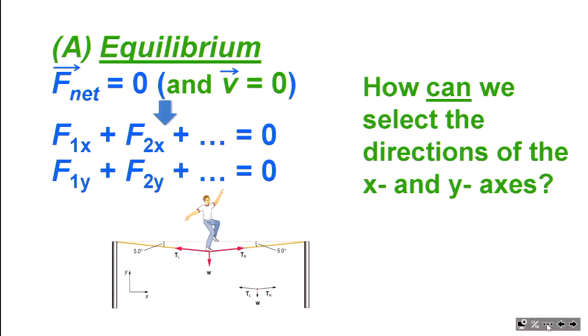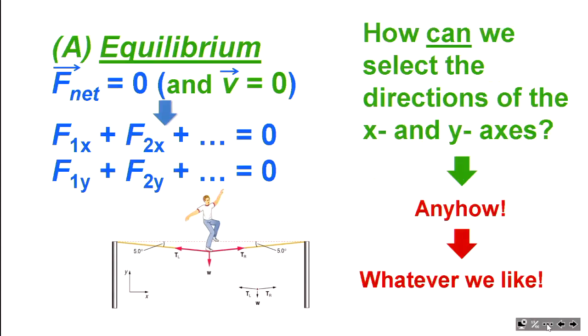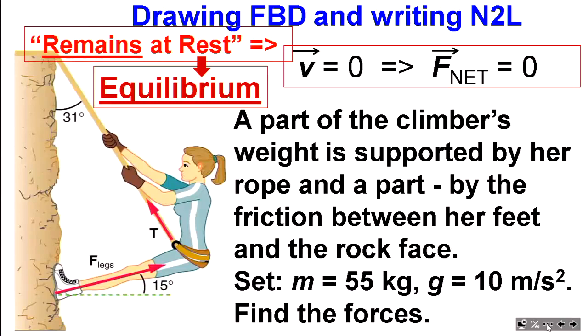Exactly, right. We can choose the axes any way we like because nature doesn't have axes. It's for us. It's in our mind, just to make a description of nature easier for us. So every time we can use that flexibility if we want to.